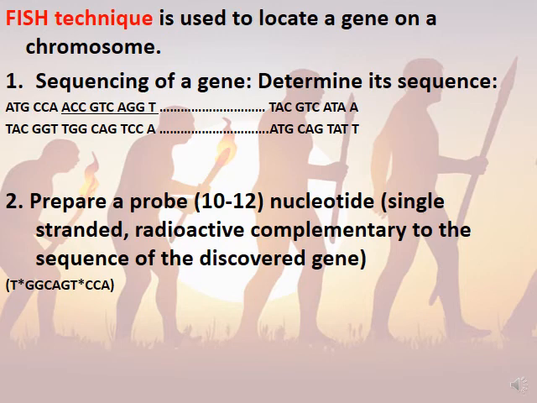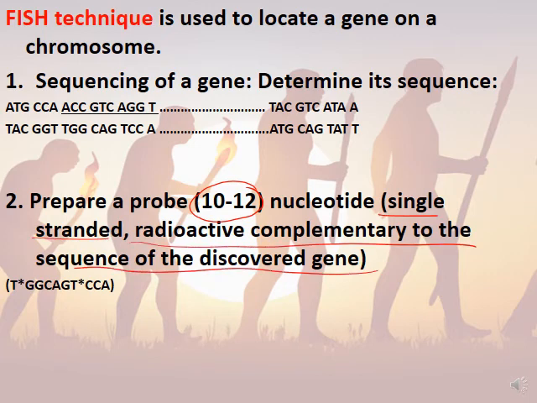Then we have to prepare a probe. This probe contains about 10 to 12 nucleotides. It's single-stranded, it's radioactive, and it's complementary to the sequence. As you see, it's radioactive, meaning that it emits light.